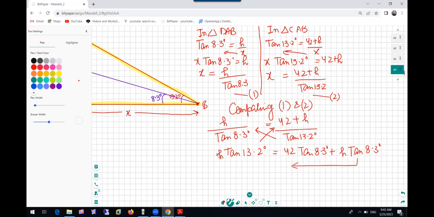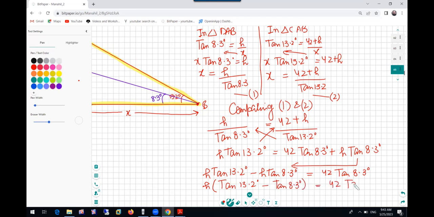So that's why I'm shifting this term to the left hand side. So what I have after shifting it is h tan 13.2 minus h tan 8.3 equal to 42 tan 8.3. Got it? Now you can take h as a common, and the leftovers will be tan 13.2 minus tan 8.3. Clear? Yep. And this will be 42 tan 8.3. Okay.